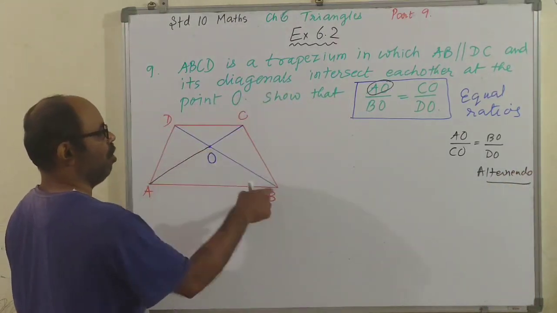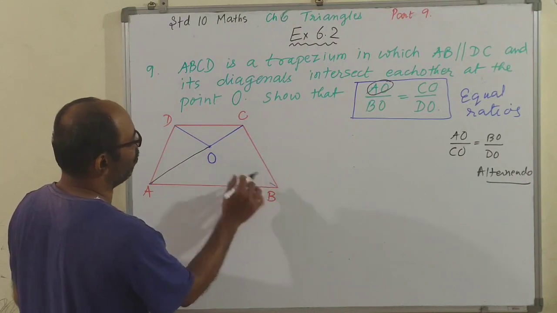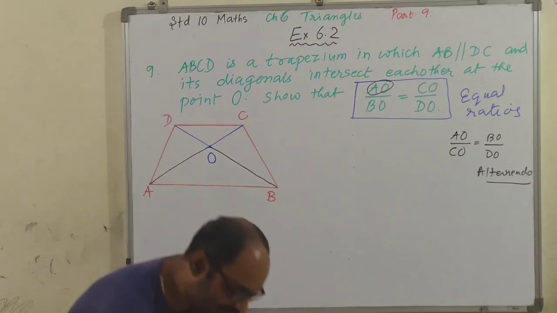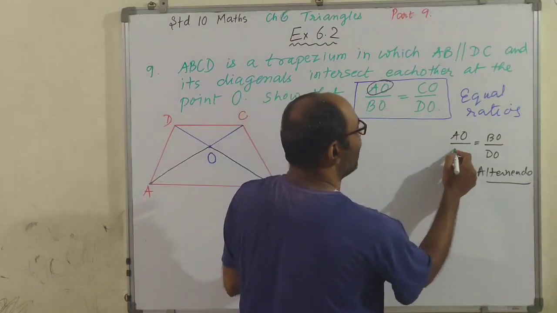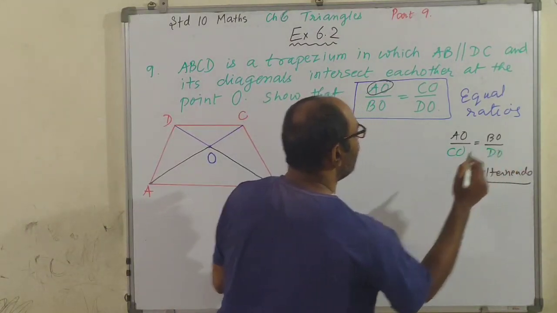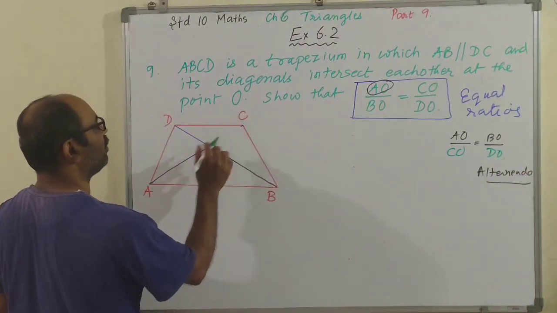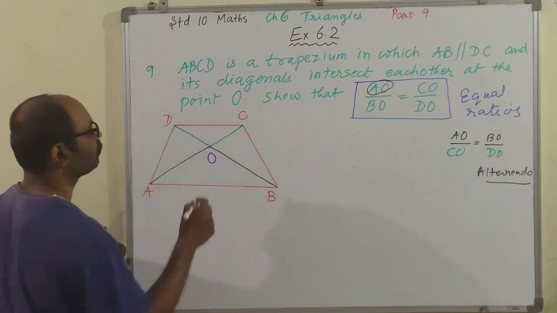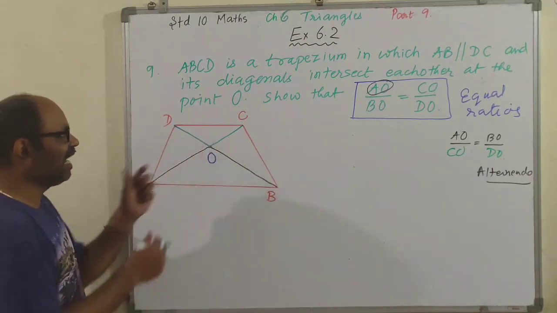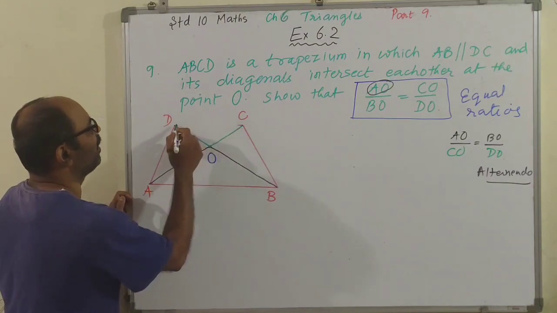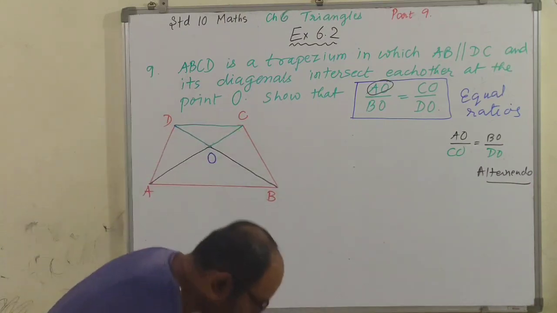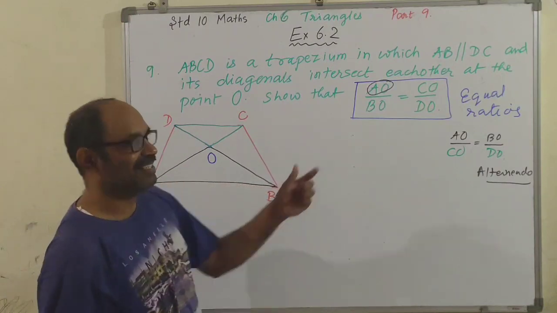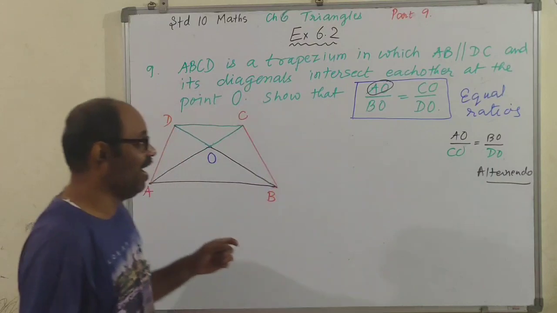So AO and BO, you can see these are the sides of the same triangle. Now if I make it green, CO, this one, and DO, this one, yes, these are also sides of the same triangle. I'll make this whole triangle green, and this whole triangle black. Children, this is the first condition: we get two triangles.